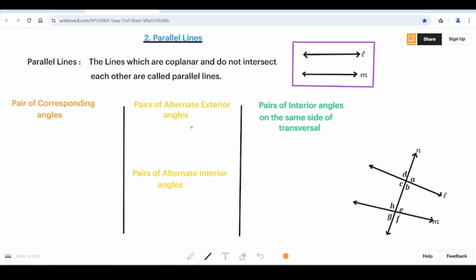Now, the next point is the angles formed by these lines. Here we have two lines, line L and M. It is not necessary that they are intersecting lines or parallel lines; any two lines. And if a third line N comes and intersects these two lines, then this line is called a transversal.